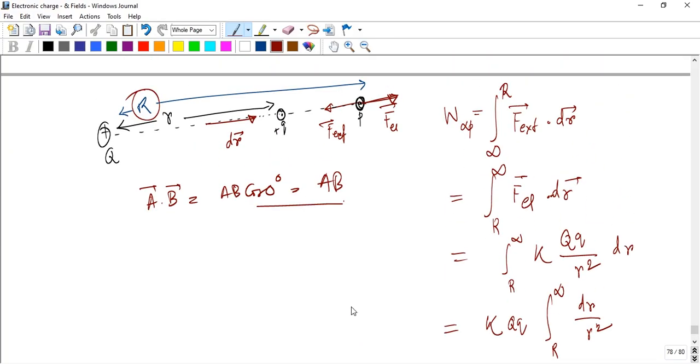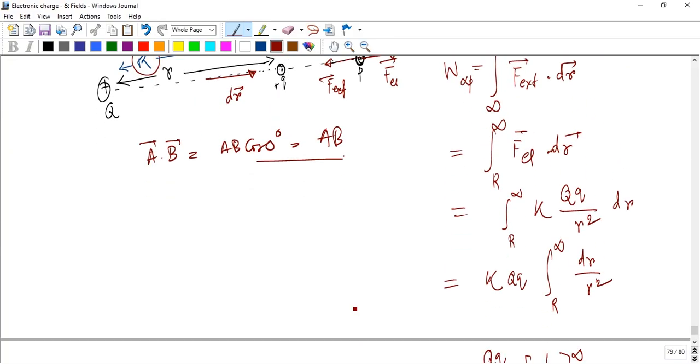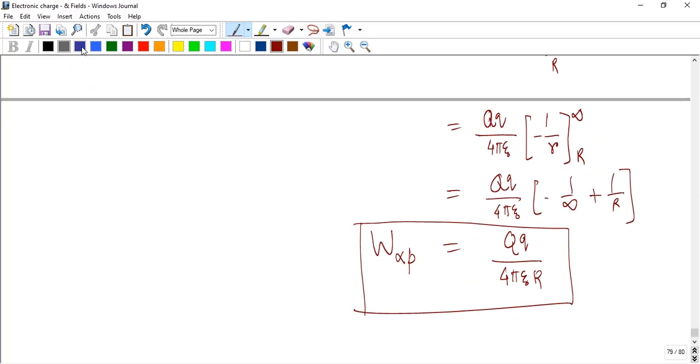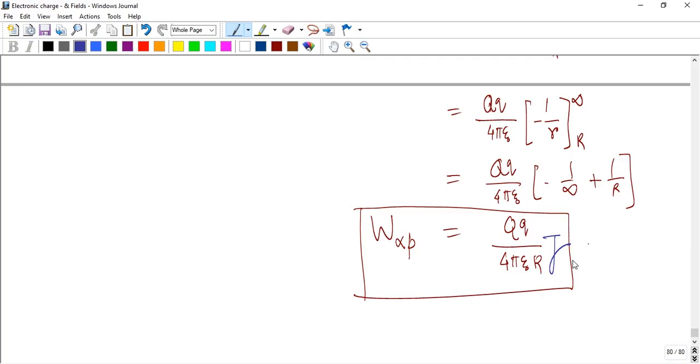Clear? That is how to calculate the work done. Its SI unit is joule. And we know that it is path independent, whether the test charge goes from R to P or from infinite to P. It doesn't depend on the path.